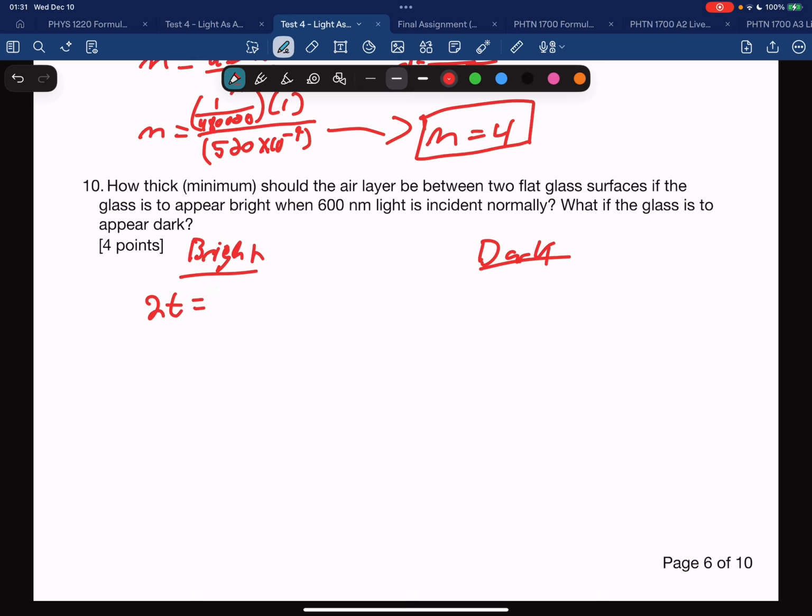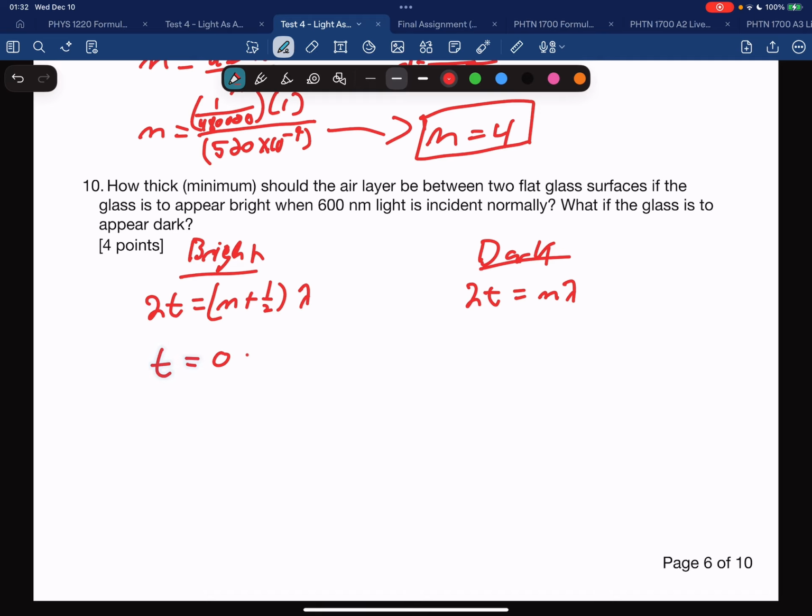Using our formulas, this is what we have here. Okay, so let's go ahead and plug in the minimum possible value for M here. Because we're given wavelength, we're asked for T. Let's plug in the minimum possible value for M, see what we get.